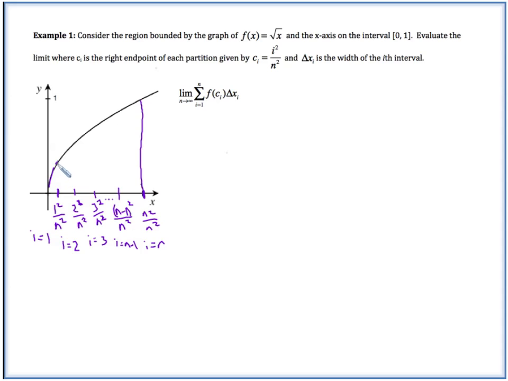Now, if we look at this and want to find our sum, let's go ahead and draw our rectangles. We draw each of these partitions, and let's use upper sums, so we want the rectangles just above our curve.